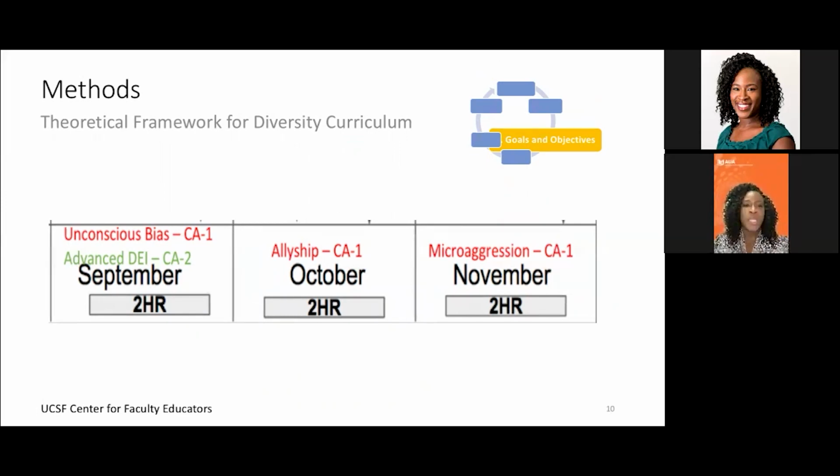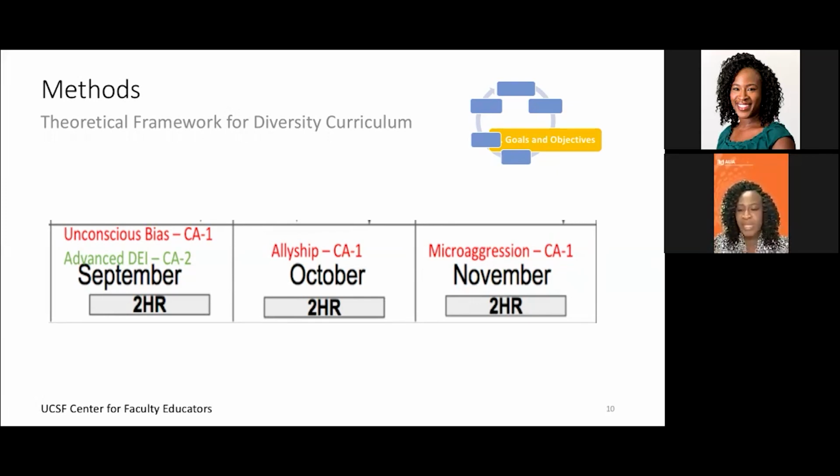The following year, the CA1s who had advanced to CA2s would receive a booster session, an advanced DEI session, focused even more on skill acquisition around mitigating unconscious bias and how to be intentional about that. The idea is that we would incorporate critical race theory as well as transformational learning. The theory of transformational learning focuses on the idea that adult learners can adjust their thinking based on new information.